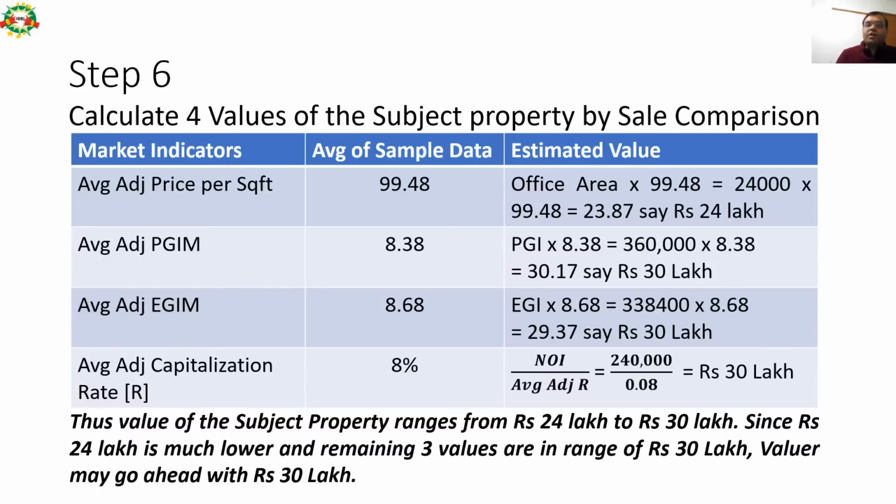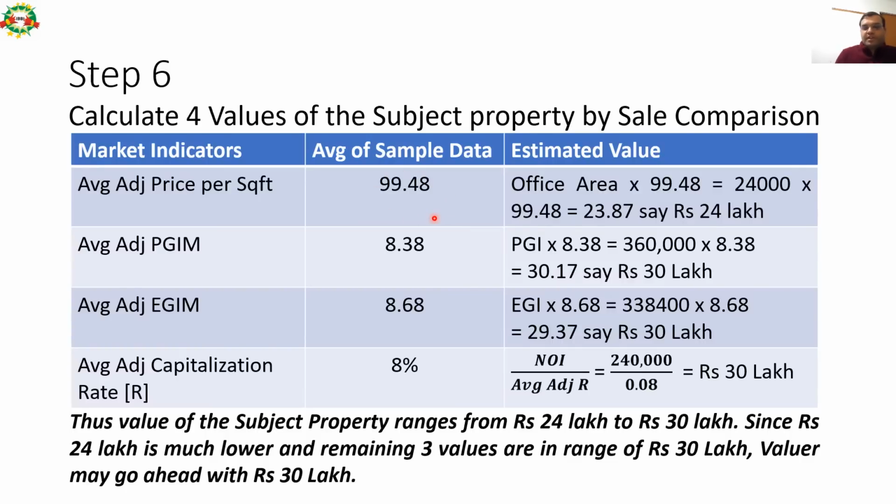In step number 6, we have to multiply these parameters as calculated in step number 5 with the averages as calculated in step number 4. So we have to calculate 4 values. We will get 4 values of the subject property by the sales comparison method. So first, average adjusted price per square feet. The average of sample data which we had calculated is 99 rupees 48 paisa per square feet.